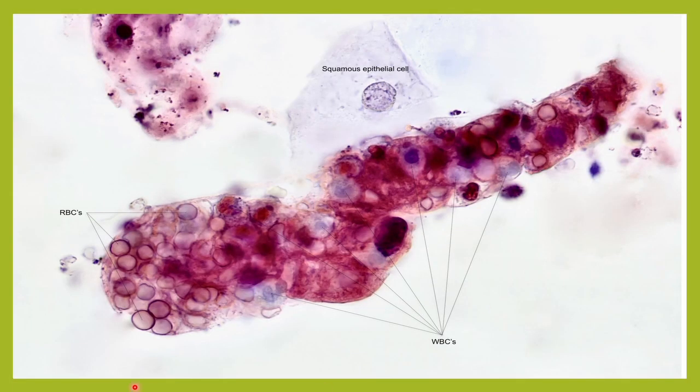Here in this large picture, these are the WBCs, these are the RBCs, and this is a squamous epithelial cell. So that is all about the renal tubular epithelial cell cast and also the mixed cellular cast.